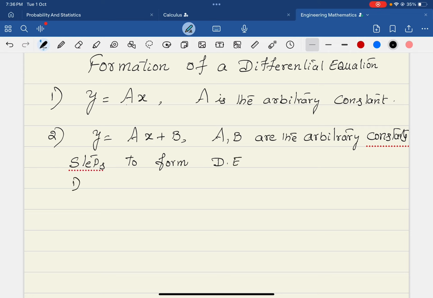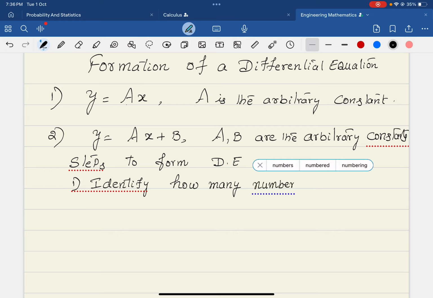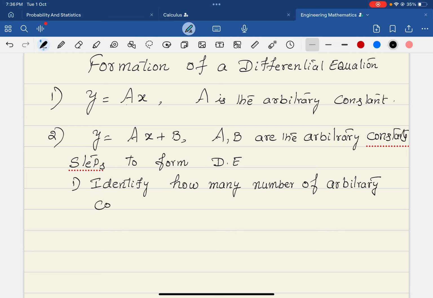What we need to do first is identify how many arbitrary constants are present in the equation, or in the function, or in the solution, we can say.